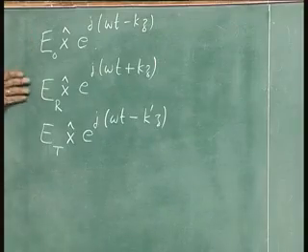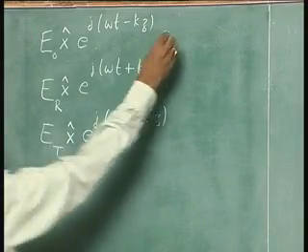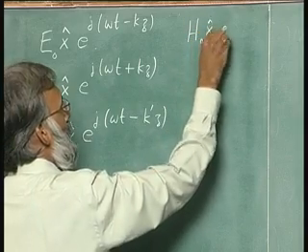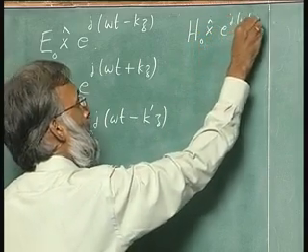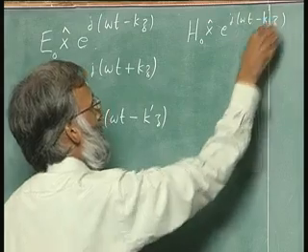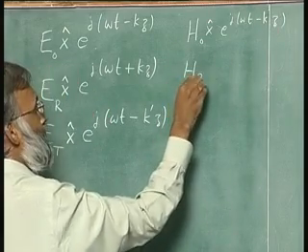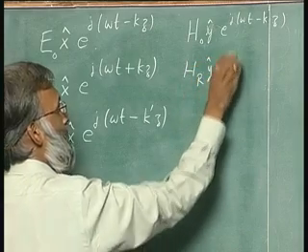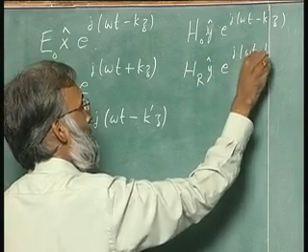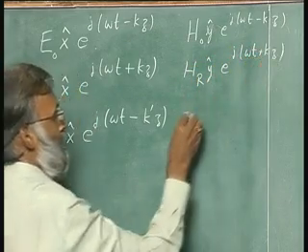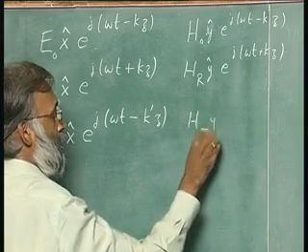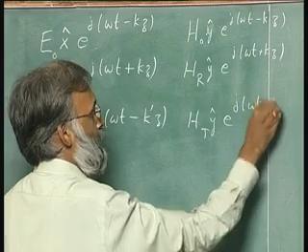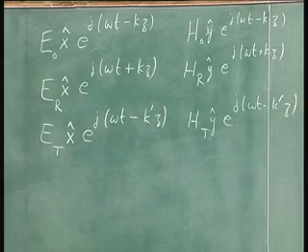So, I have 3 waves, and corresponding to these 3 waves, I have H naught, along y hat, e to the j omega t minus k z, H r, along y hat, e to the j omega t plus k z, and H t along the y hat, e to the j omega t minus k prime z.